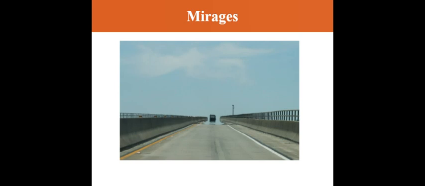Oh, so this is interesting. If you've ever been driving on the highway, sometimes it looks like there's a small puddle on the road quite a few cars ahead of you. But then when you approach the puddle, it disappears and it's just more road.